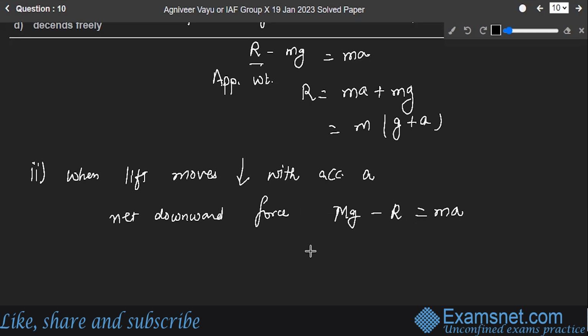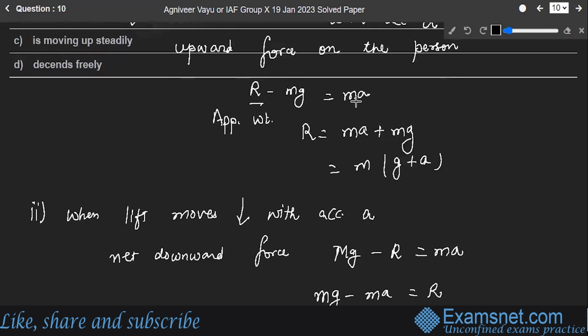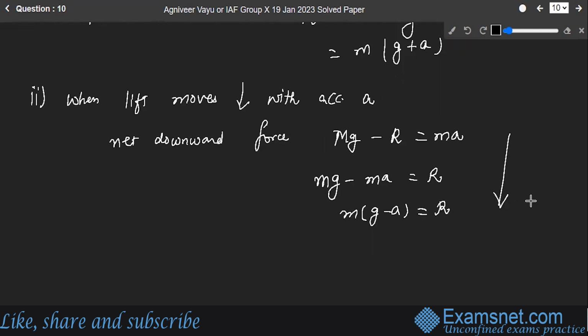So this gives you mg minus ma is equal to R, or m into g minus a is equal to R. So when the lift accelerates downwards, the apparent weight of the person inside it decreases. So here apparent weight increases, here apparent weight decreases. Number 3.